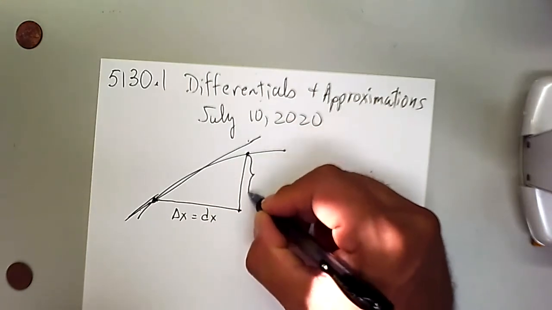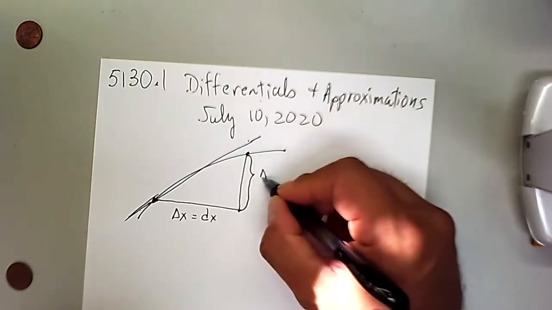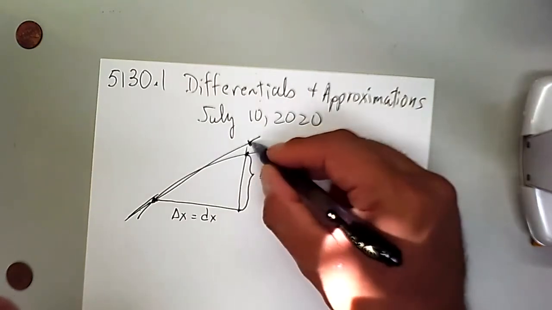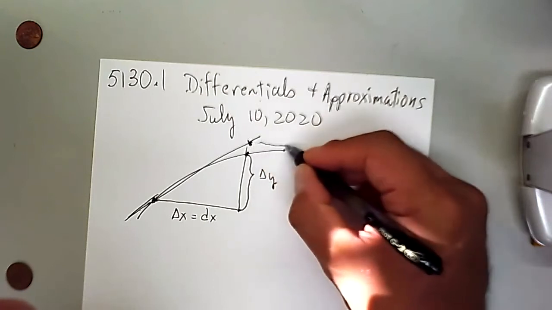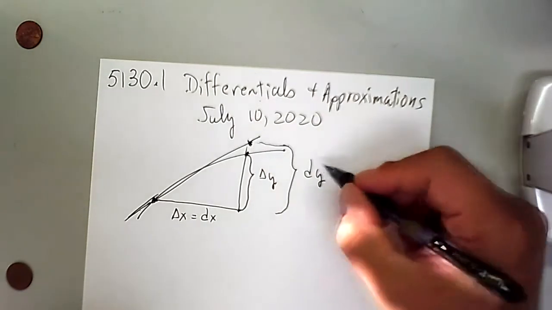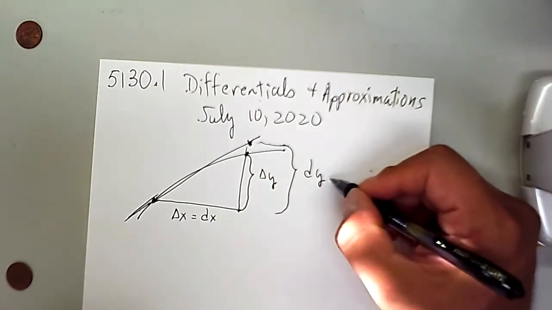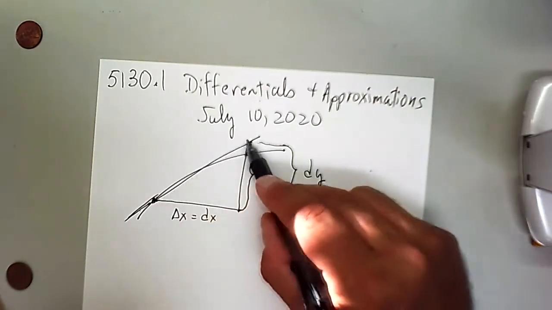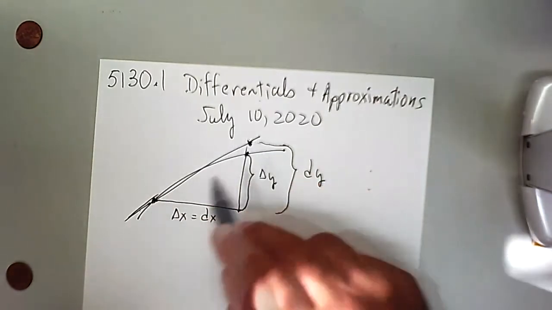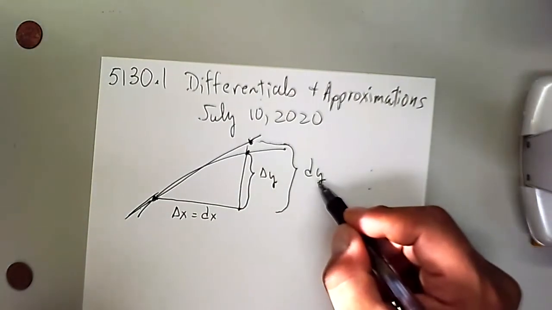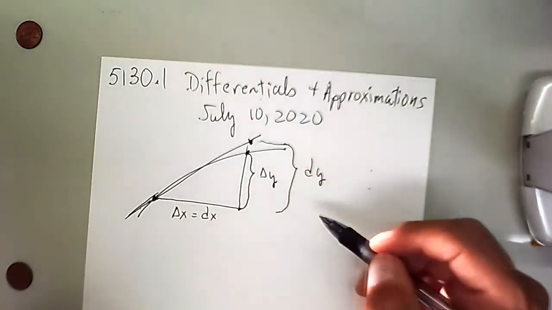This distance will be delta y, while the distance up to this point will be dy. So dy, which is going to be labeled as the differential, is the distance using the straight line, which is tangent to the curve. So there's going to be a curve, a function, and so the differential is relative to the function.